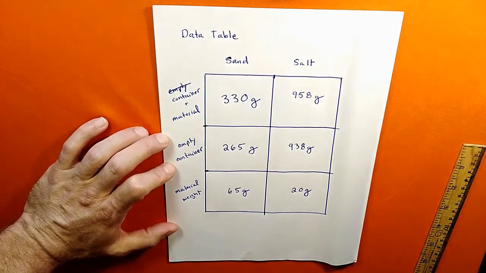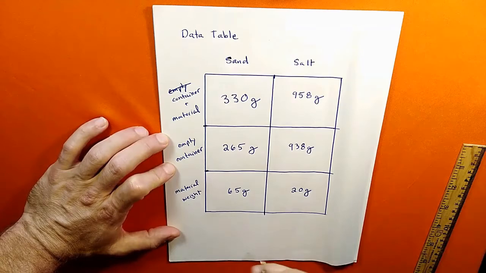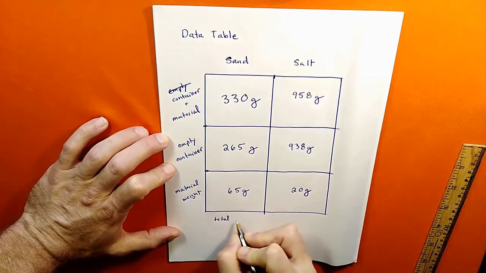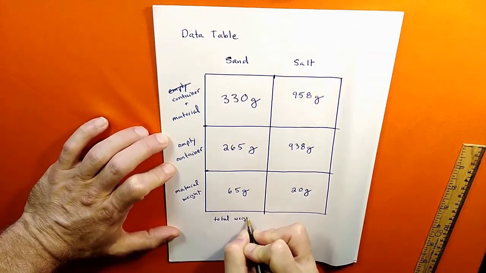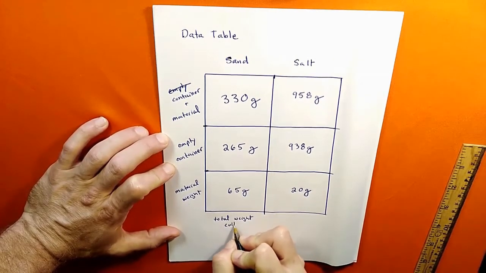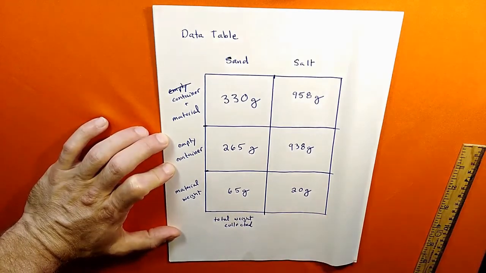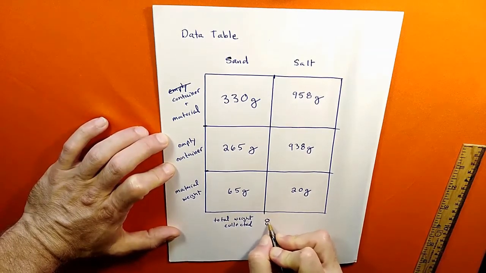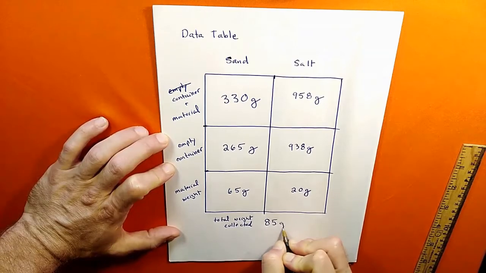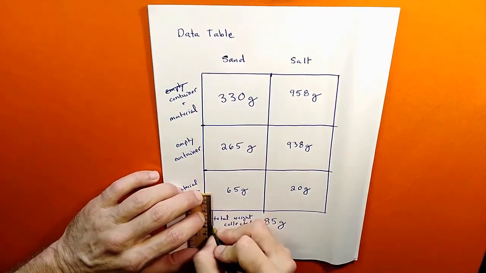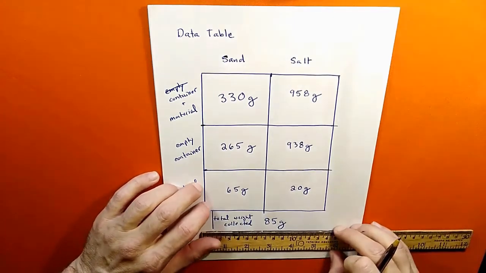Now, one more thing that we might note down here is the total weight collected at the end. And if we add these two numbers together, we note that we have 85 grams, and this doesn't really belong to either column.